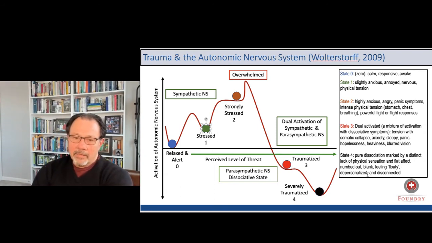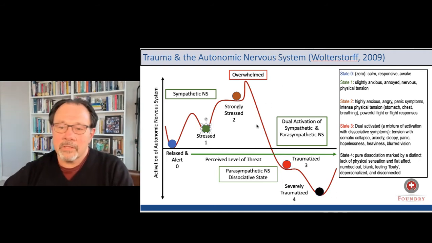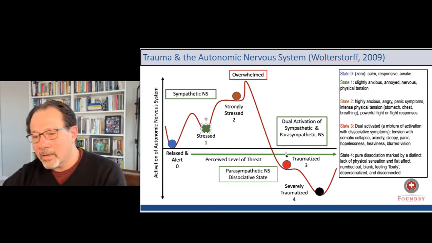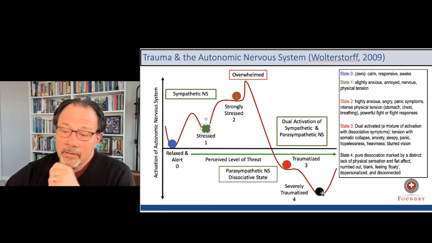I've had many clients who have said, as we've been working on very difficult traumas, that they begin to have almost out-of-body experiences. So this is the continuum of that autonomic nervous system response, from relaxed to stressed, strongly stressed, dually activated, and then severely traumatized.